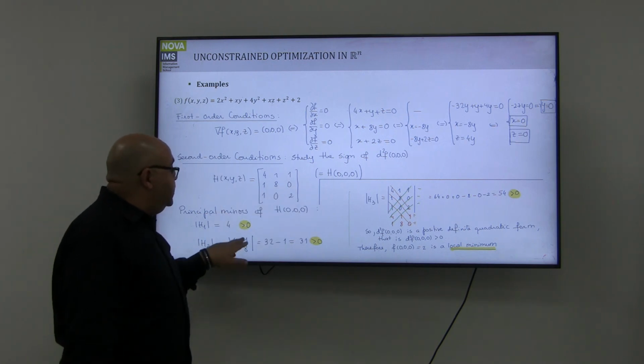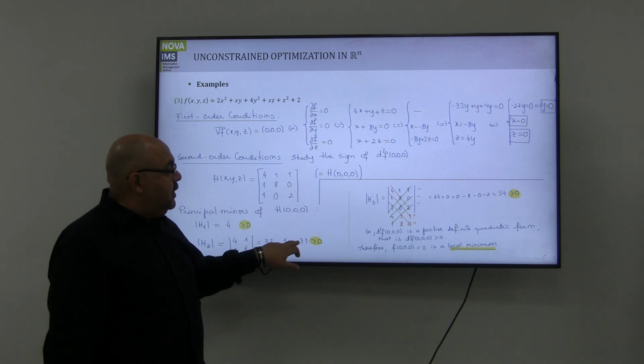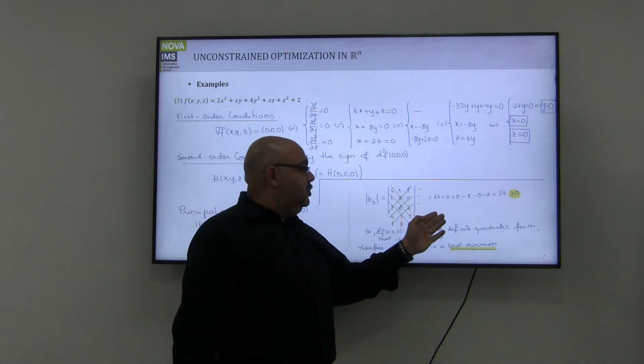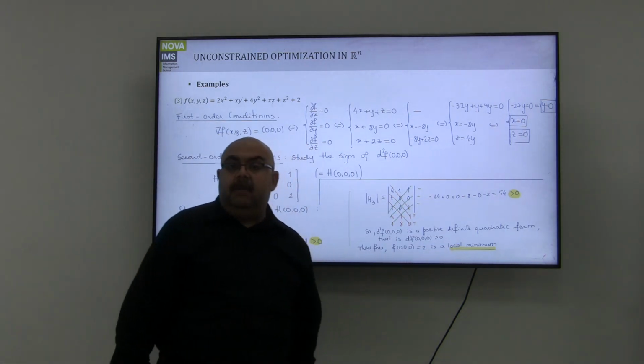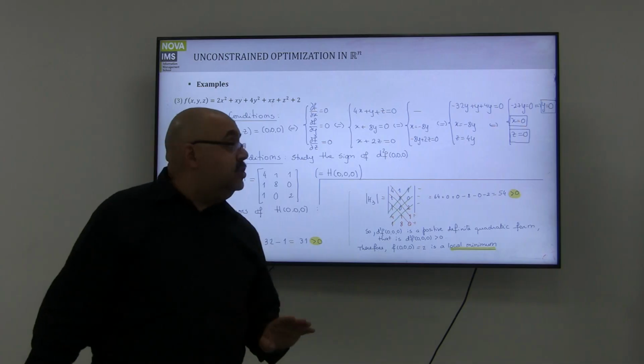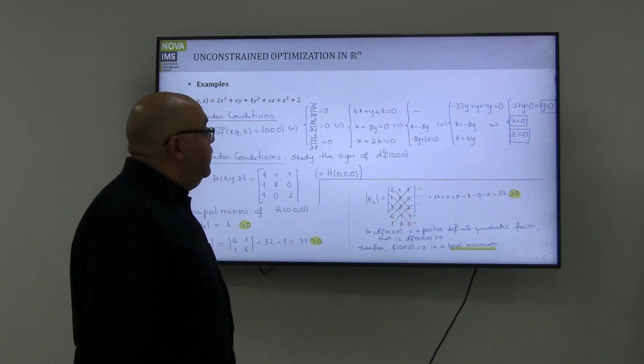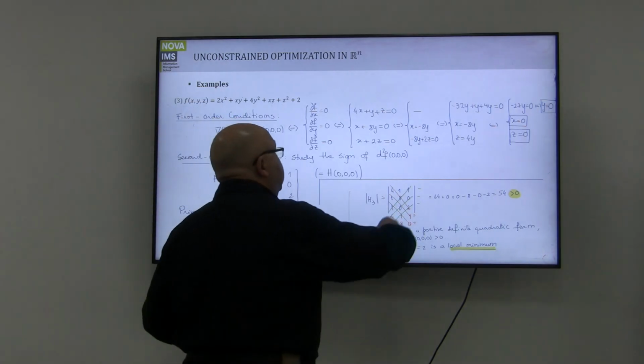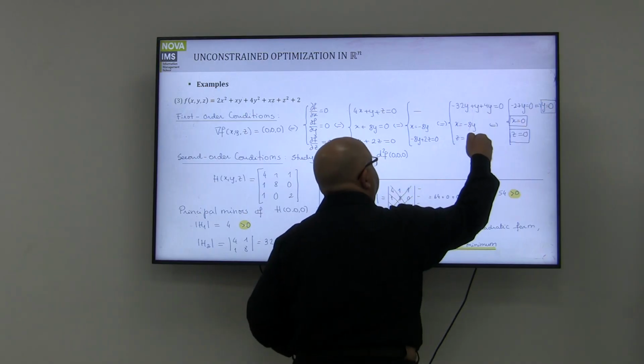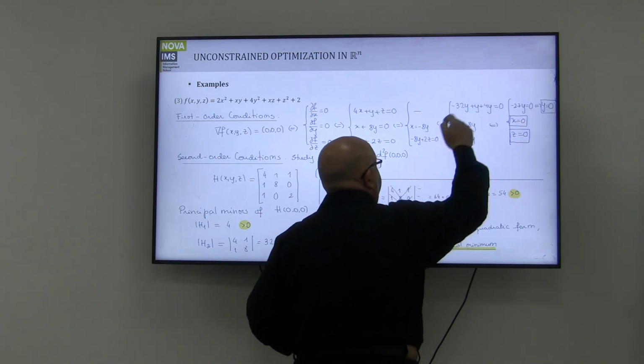In this case, this is positive, that's positive, that's positive, it's positive definite, so it's a local minimum also, with similar steps, only in a 3x3. Remark how we solved these problems, these equations together.